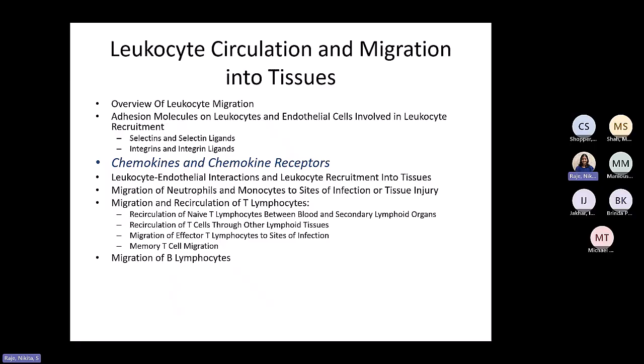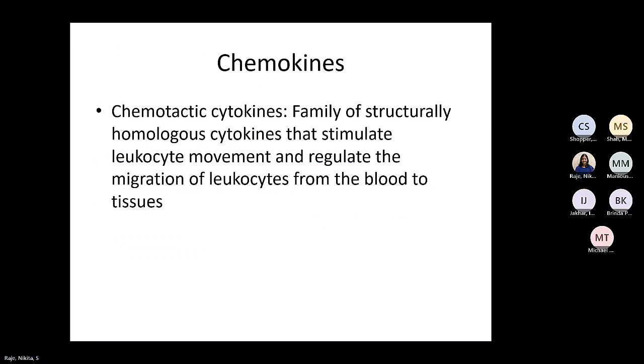All right, moving on to talk about another type of molecule, chemokines and chemokine receptors. What are chemokines? These are chemotactic cytokines. They are a family of structurally homologous cytokines that stimulate leukocyte movement and regulate the migration of leukocytes from the blood to the tissues.